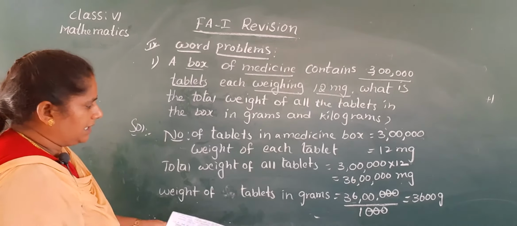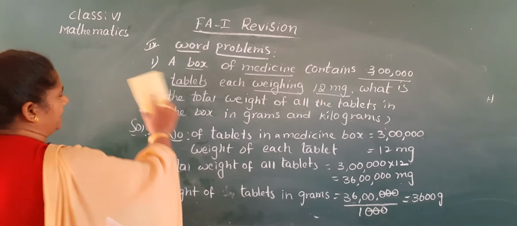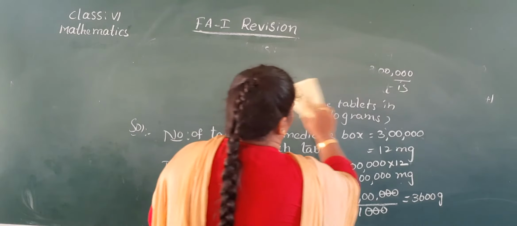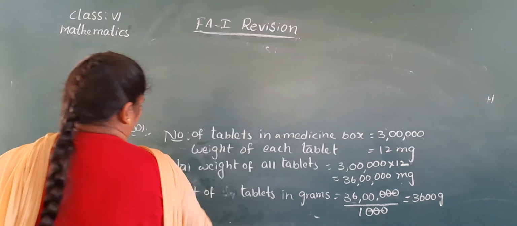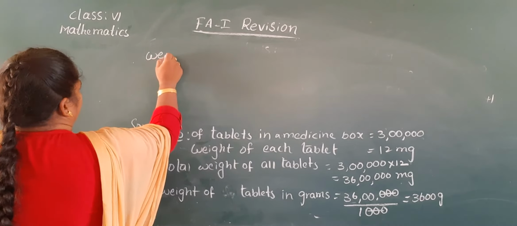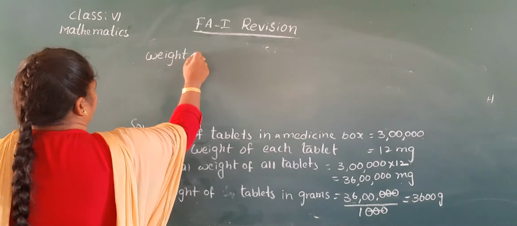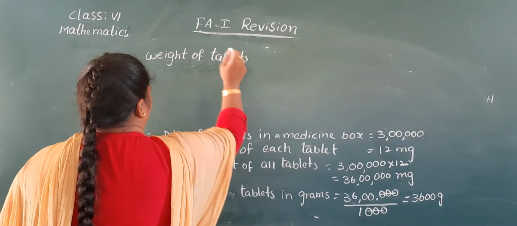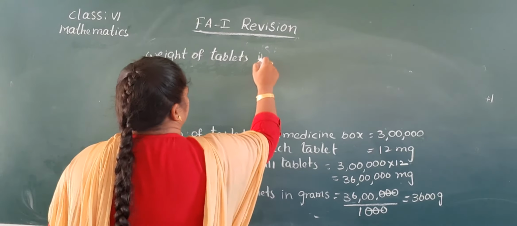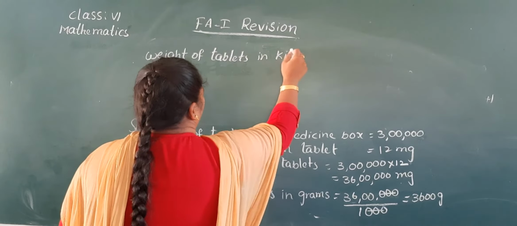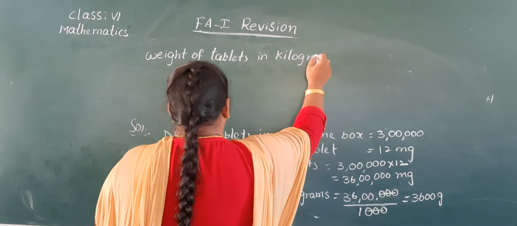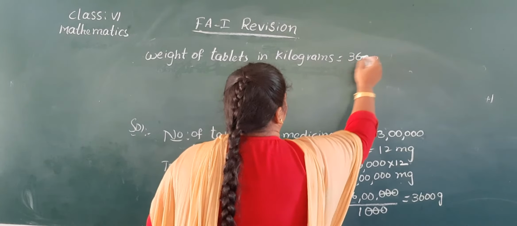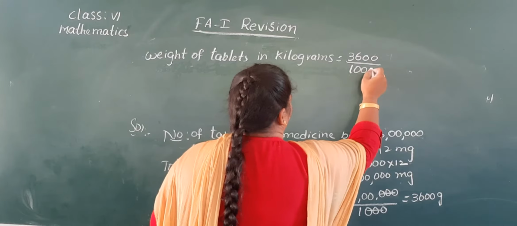So you can't see the board here, that's why I'll write the next step upside. So write down weight of tablets in kgs or in kilograms equal to 3600 by 1000.